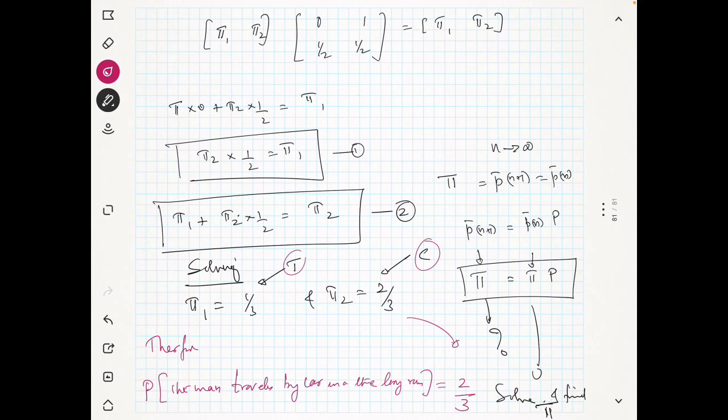That means 66.6% of the time, if you observe this phenomenon for a year, this person is traveling by car, and 33.3% of the time by train. So most of the time this guy is traveling by car. That is the final observation, if this is repeated for a long run. I hope this is clear to you. Thank you.